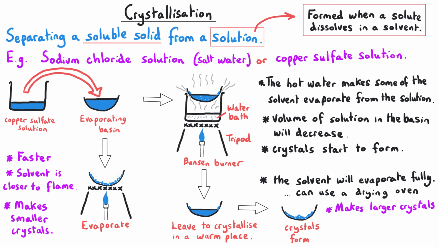Not only that, some crystals are more temperature sensitive than you might imagine, and if we heat them directly using a Bunsen burner pointed straight at the evaporating basin, sometimes those crystals can decompose and fall apart and change into something that we don't want to happen. And that's why the preferred method is using this water bath technique and letting the rest of the solvent evaporate naturally in a warm place.